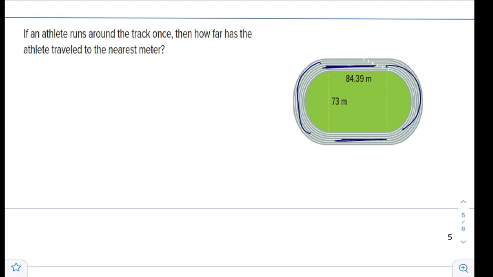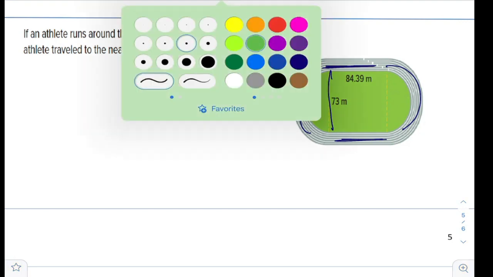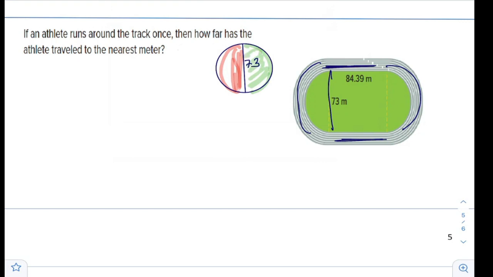So we can combine two semicircles to be one total circle with diameter 73 meters. The athlete will run this path and that path, so we combined them together.